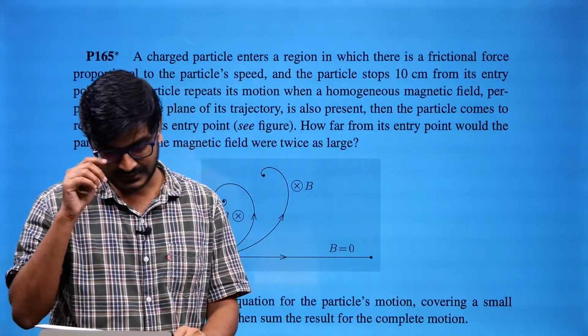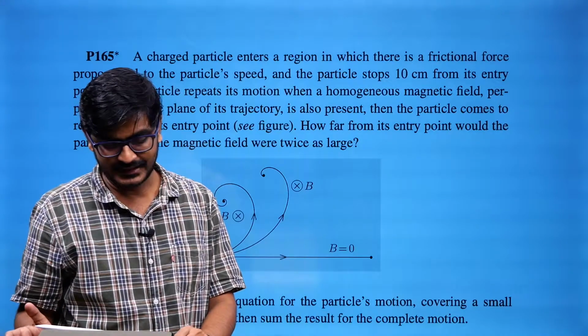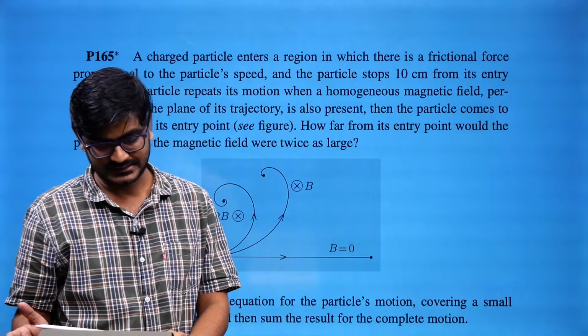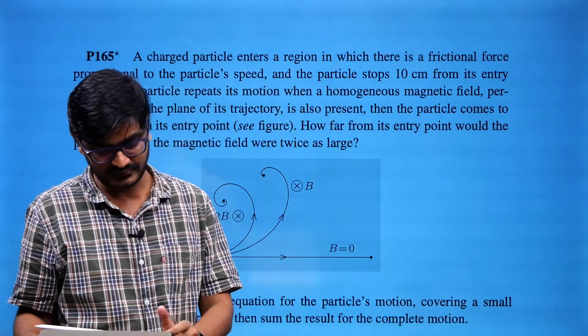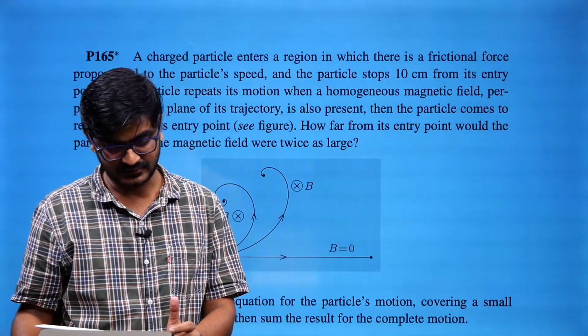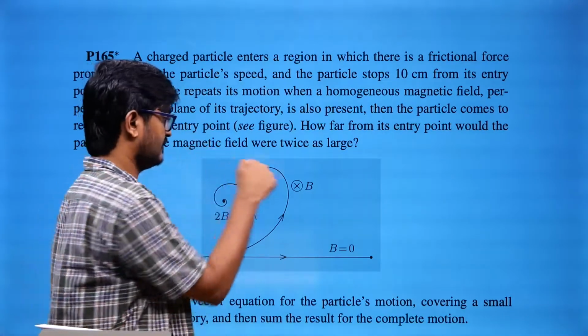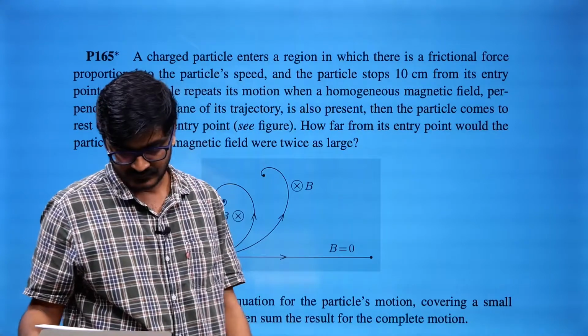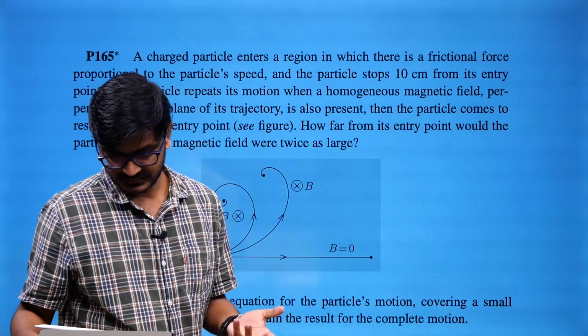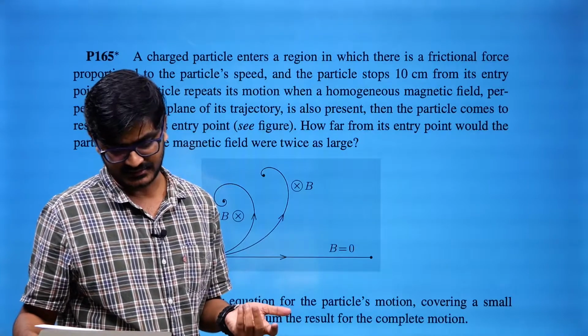Now the next question. A charged particle enters a region in which there is a frictional force proportional to particle speed. The particle stops 10 centimeter from its entry point. If the particle motion repeats itself in a homogeneous magnetic field perpendicular to the plane of its trajectory, then the particle comes to rest 6 centimeter from its entry point.